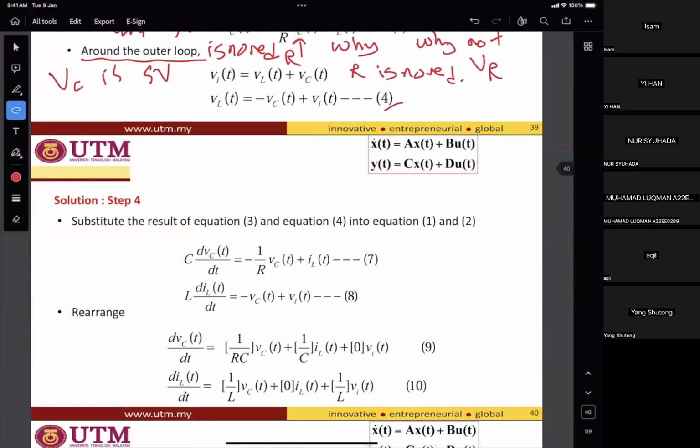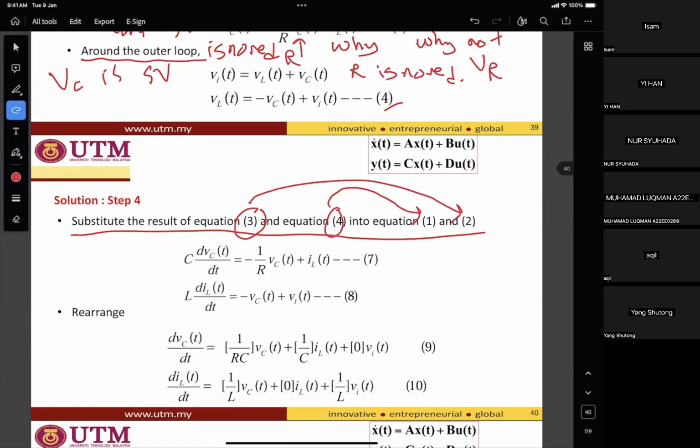So now we substitute the results of equations 3 and 4 into equation 1 and equation 2. So C dVC/dt equals minus 1 over R VC plus IL, equation number 7, and we have to move C to the right.